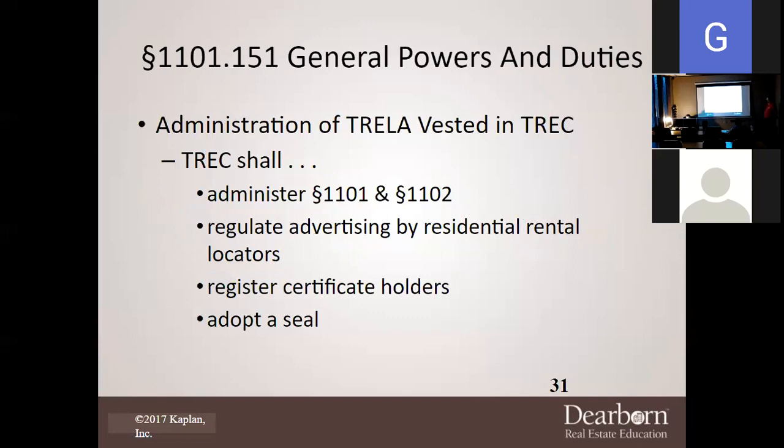The general powers and duties given through the administration of TRELA that are vested in TREC are that TREC shall administer subsection 1101 and 1102, regulate the advertising by residential rental locators, register certificate holders, and also adopt a seal. Okay.